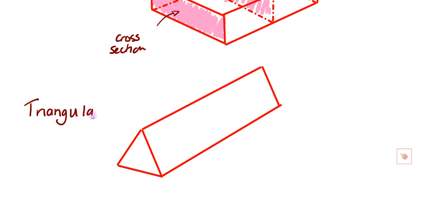For this one, it doesn't really matter what your triangle is. Just draw a triangle and then extend it. You'll notice I do my dotted lines to show hidden lines. So that's hidden. I'm making sure all my lines are parallel.